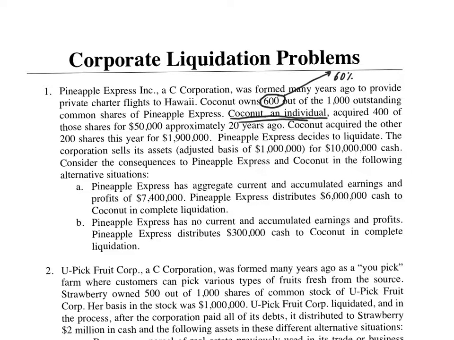Because even if the other shareholder was a corporation, all they own is 40%, right? So the special rule is not going to apply in this situation. Everyone see that? You have to be a corporate shareholder, and you have to be 80% or more ownership, control. That's the only time the special rule applies. So for Coconut, the individual, we're going to apply the general rules, and for the corporation, we're going to apply the general rules as well.